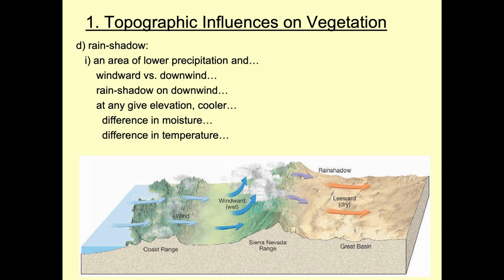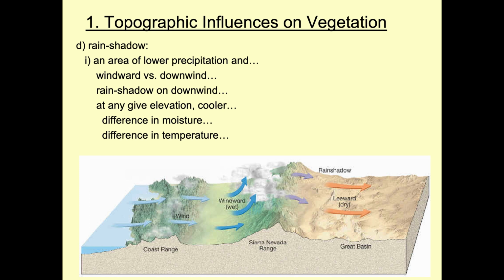At any given elevation, the windward side of the mountain is cooler and moister than it is on the downwind side. The difference in moisture between the windward and downwind sides of the mountain is due to the moisture in the air being lost as precipitation on the windward side of the mountain.